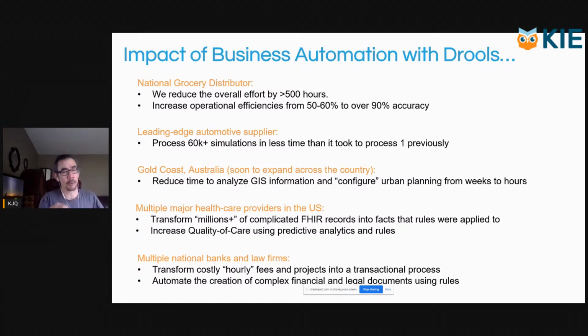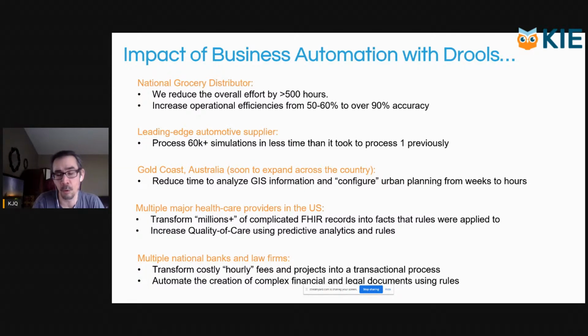And then our original place where we work with Drools is working with banks, taking the expensive hourly process that's usually performed by lawyers to draft commercial lending or high finance related documents.